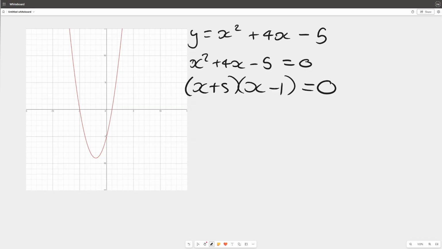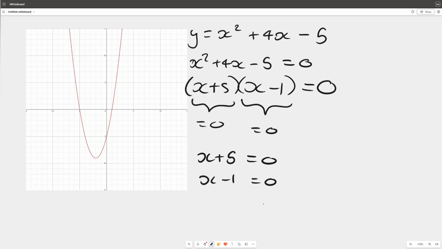In order for this to be equal to 0, either this half is equal to 0 or this half is equal to 0, which means we either have x plus 5 is equal to 0 or x minus 1 is equal to 0. If we subtract 5 from both sides of the top equation, we have x equals minus 5, and on the bottom we can add 1, so we get x equals 1. And these are our two answers.